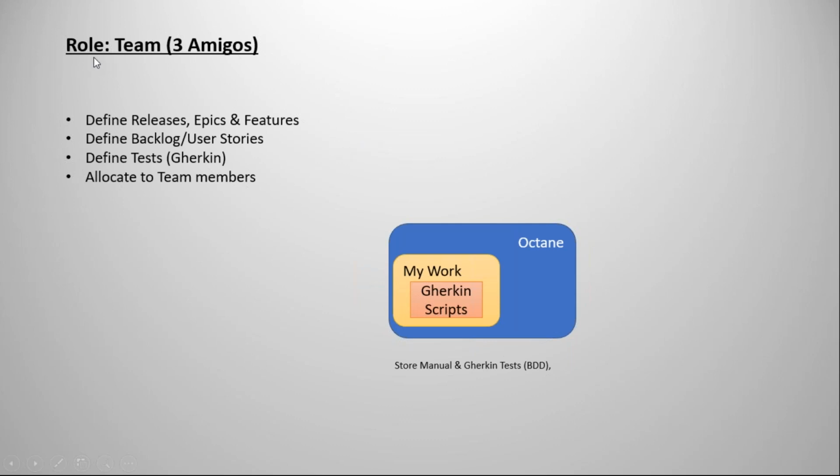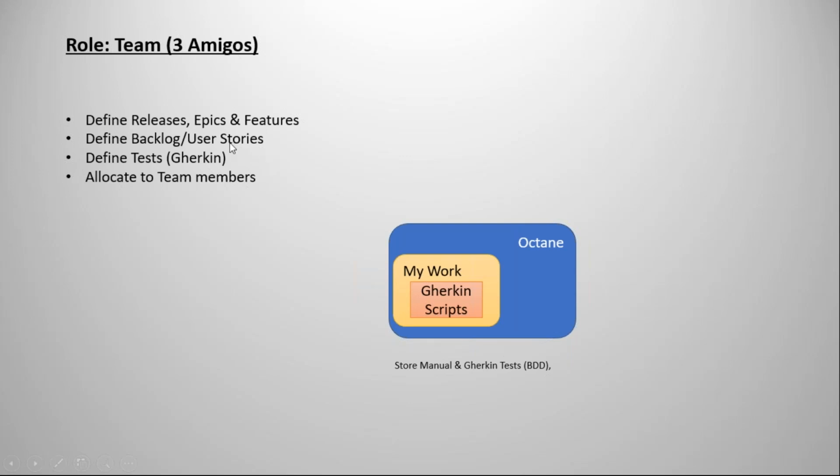The first part is really taking on the role of the Agile team, the three amigos, dev, test, business, who will be defining releases, epics, features, and defining the backlog in Octane, so writing our user stories.